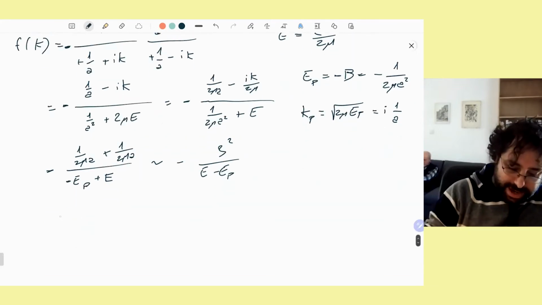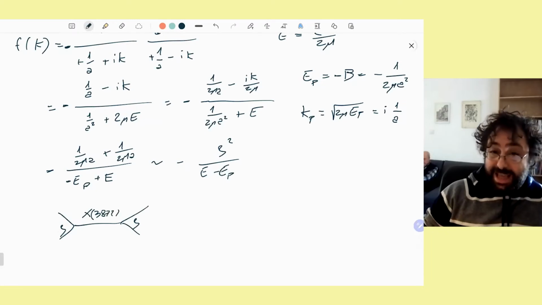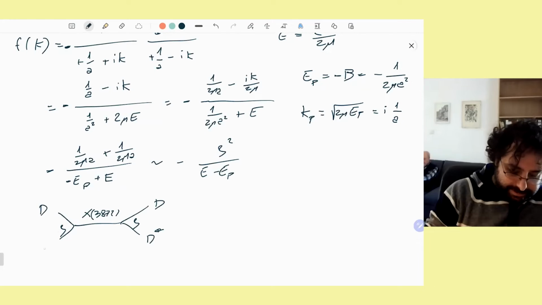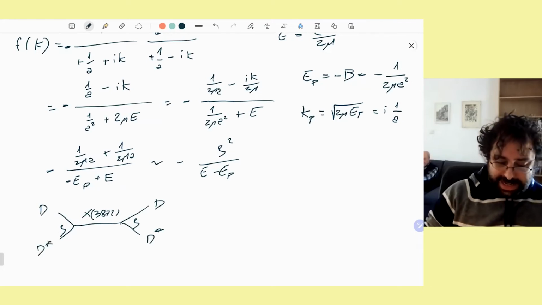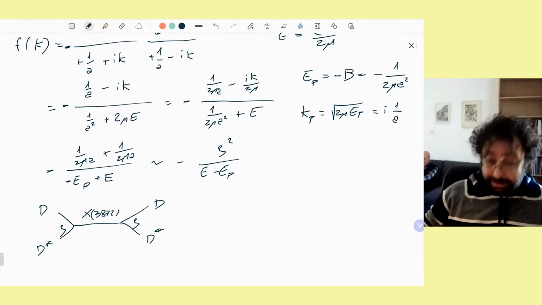I'm calling it coupling squared because I have in mind some diagram of this type. So I have the propagation of an intermediate X(3872) from a scattering of D D star and D D star here. So it's customary to consider the residue as the product of two couplings, so I'm writing the coupling squared here.